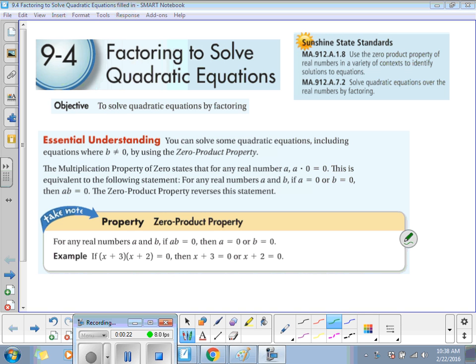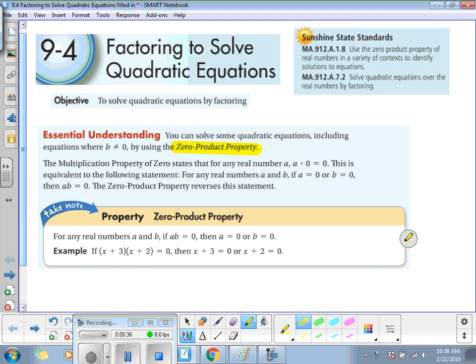So you can solve some quadratic equations, including equations where b is not equal to 0, by using the zero product property. The zero product property says that if you have two binomials, or any two numbers, multiplying together, and one of them is 0, then the entire thing is going to be equal to 0, because anything times 0 is equal to 0, right?